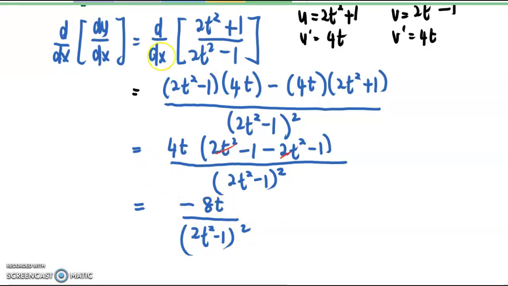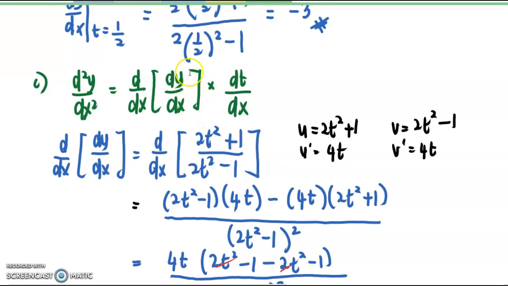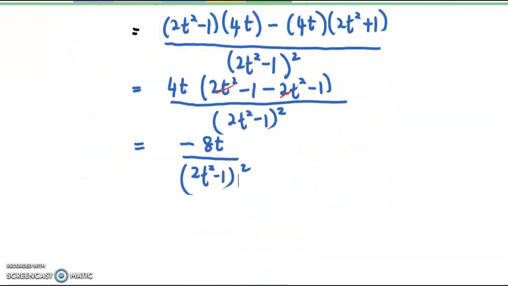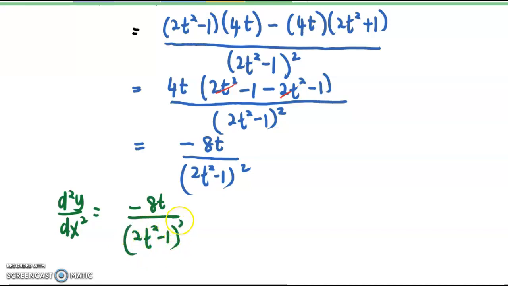Okay, please do remember, ini baru sebahagian daripada formula. Ini baru differentiate dy/dx. Okay, kita apply the chain rule. d square y over dx square equals dy/dx, which is negative 8t over 2t square minus 1 square.